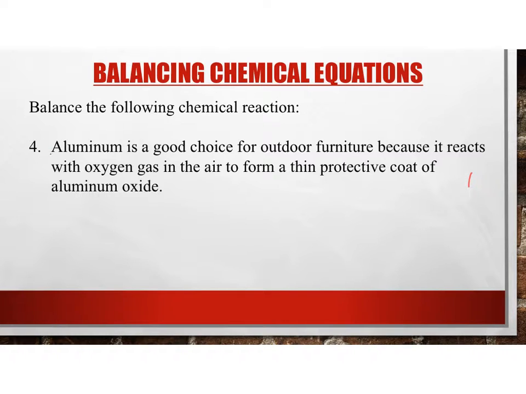All right, aluminum is a good choice for outdoor furniture because it reacts with oxygen gas in the air to form a thin protective coat of aluminum oxide. Okay, so I have aluminum.